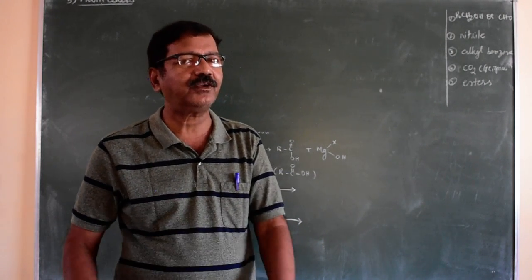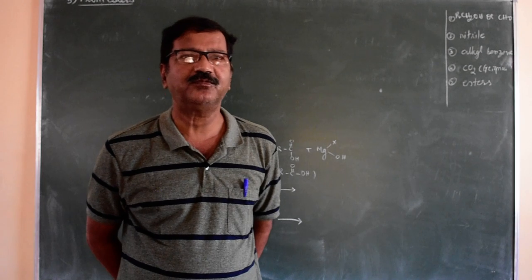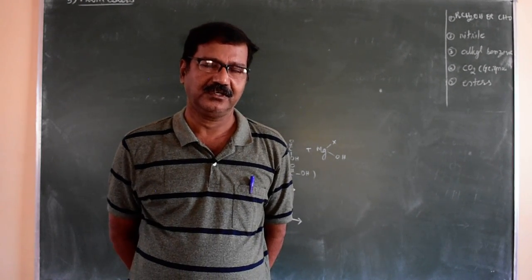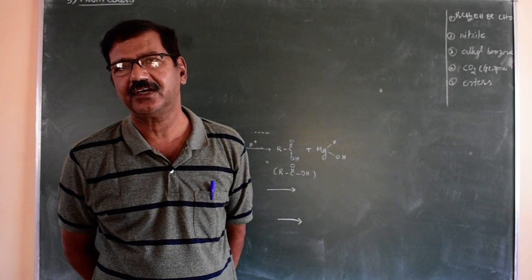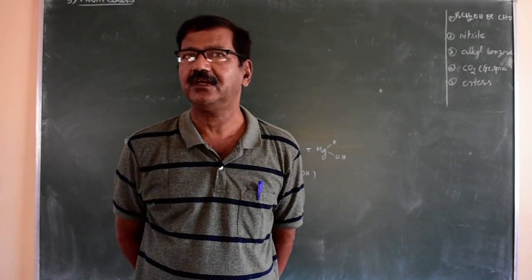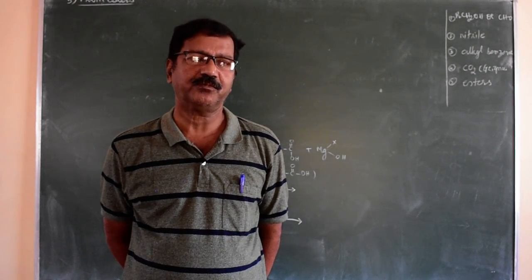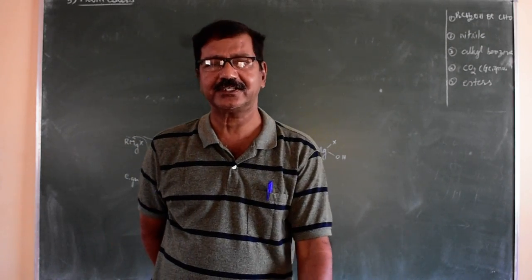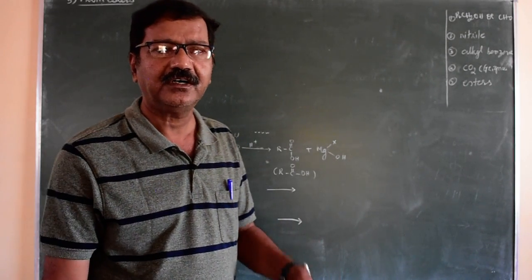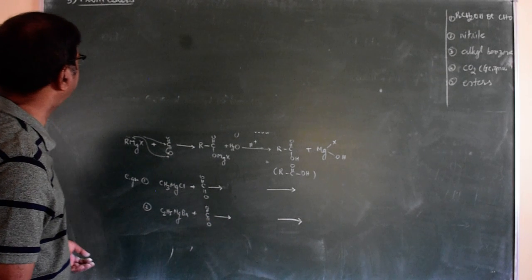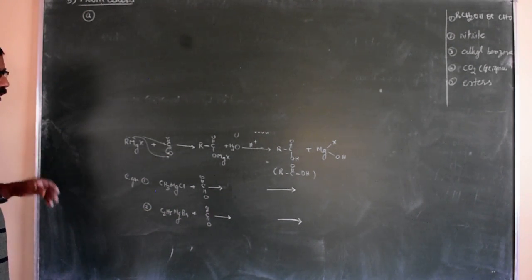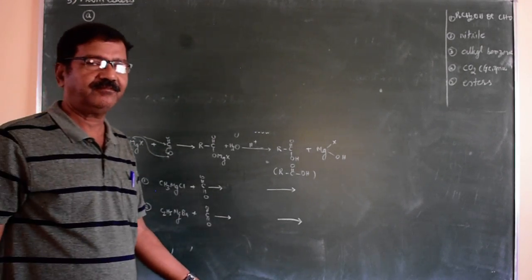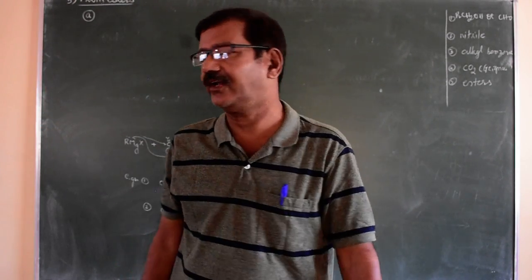The second one is also called saponification. Alkali or base hydrolysis of ester is called saponification. Remember this point. From esters, we have two reactions: one in acid medium and another in alkaline medium.